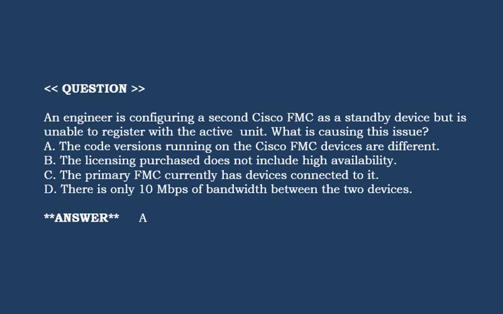Option B, the licensing purchased does not include high availability. Option C, the primary FMC currently has devices connected to it. Option D, there is only 10 Mbps of bandwidth between the two devices. Correct answer is option A.